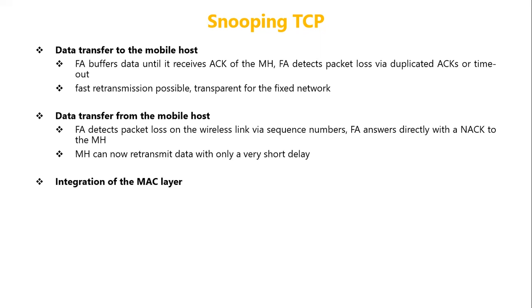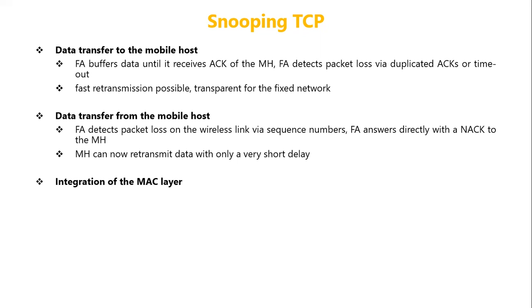It will buffer the packet, and if there is any packet loss, it will identify it through the missing acknowledgements, and the FA answers directly with a negative acknowledgement. So if there is a packet loss on the wireless link, it will identify the missing packet through the sequence number.